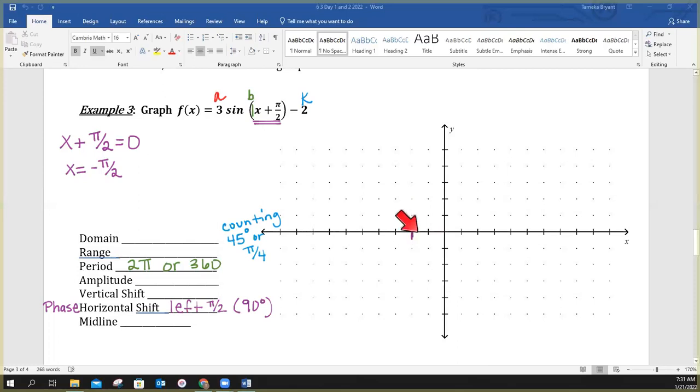So if I'm starting here, this is my beginning, then I need to count to the right 360 degrees, and that is where it's going to end. So this would be 90, 180, 270, 360. So right here, I'm going to go ahead and put my end, because you're counting by fourths. So that is my end.